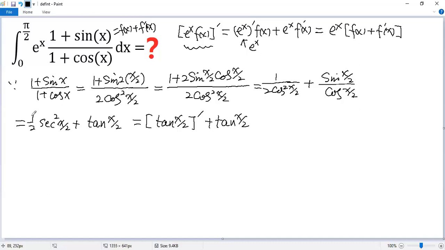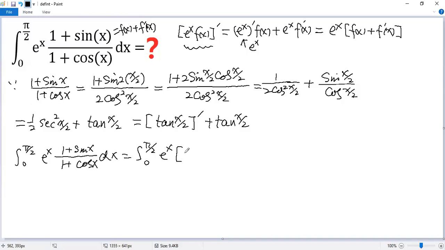So the given definite integral from 0 to half pi of e to the power x times 1 plus sine x over 1 plus cosine x dx can be written as the integral from 0 to half pi of e to the power x times tan half x plus the derivative tan half x prime dx.